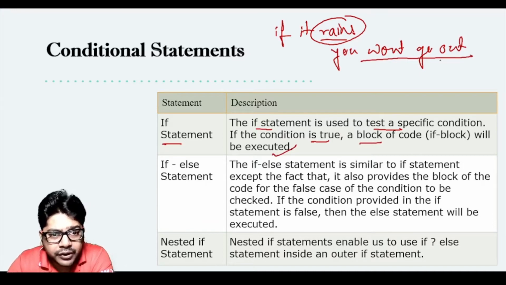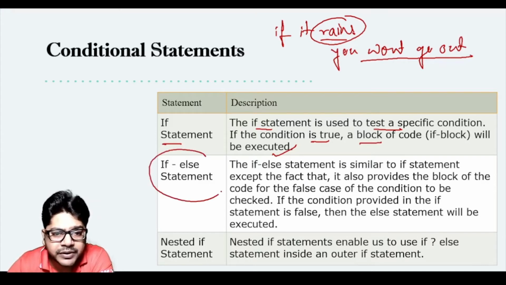Okay, we are not specifying what if the condition is false. In case you want to specify what happens if the condition is false, then you come to this particular part, which is called the if-else statement. The if-else statement is similar to the if statement, except that it also provides the block of code for the false case of the condition being checked. Because here, if the condition is false, we are not specifying what you are supposed to do.